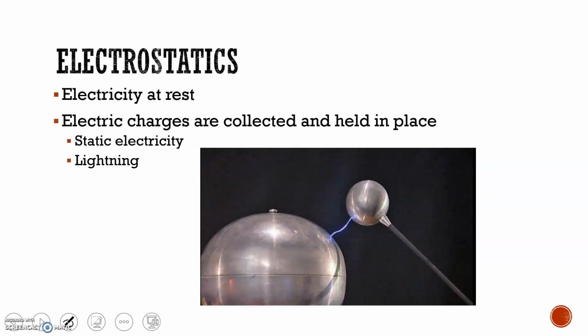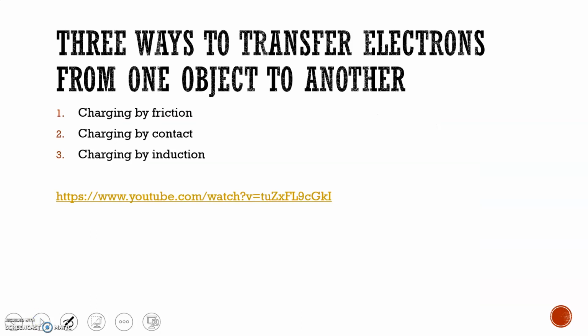Electrostatics is electricity at rest, which is when the electric charges are held in place. You can see this in static electricity or lightning. There are three ways to transfer electrons from one object to another. There is charging by friction, rubbing two objects together, such as the balloon and the sweater.